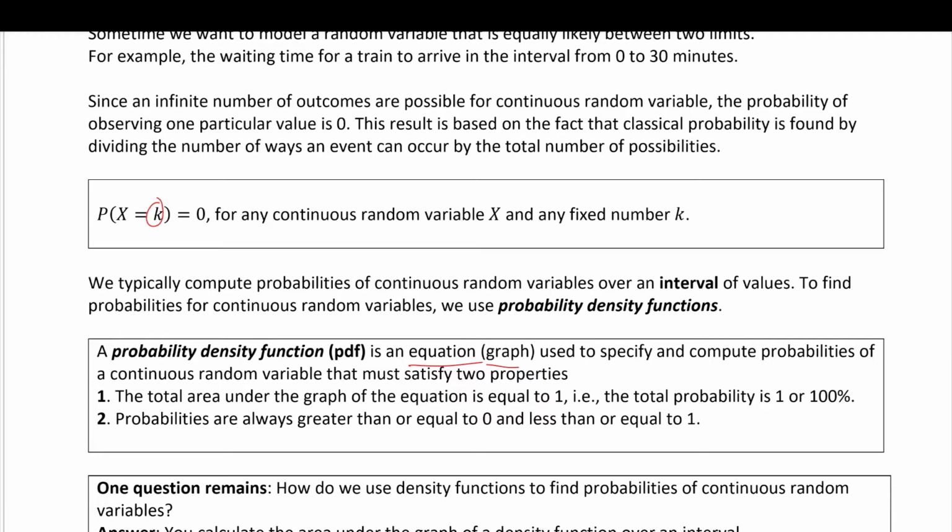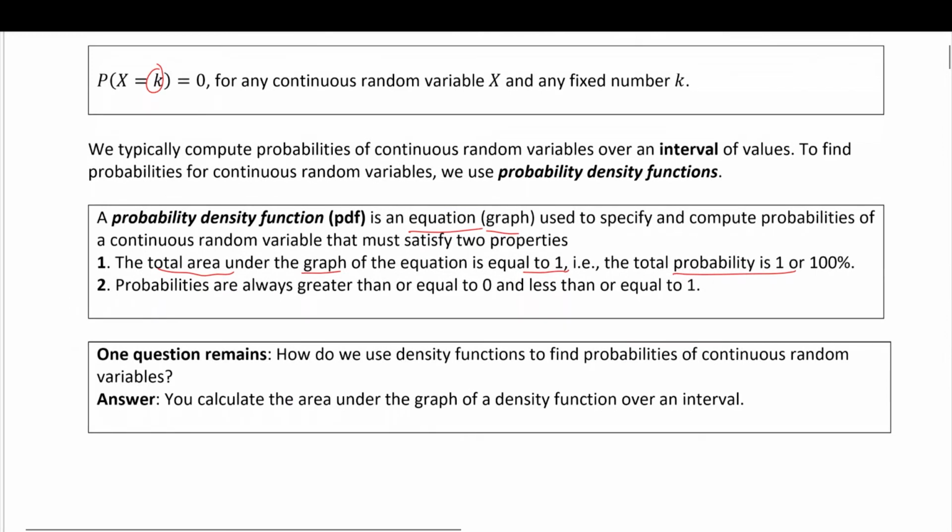If we create a graph, then the total area underneath the graph is always going to be equal to 1. That's analogous to probability distribution tables, where the sum of all the probabilities is equal to 1. So the total probability is equal to 1, and the probabilities are always greater than or equal to 0 and less than or equal to 1.